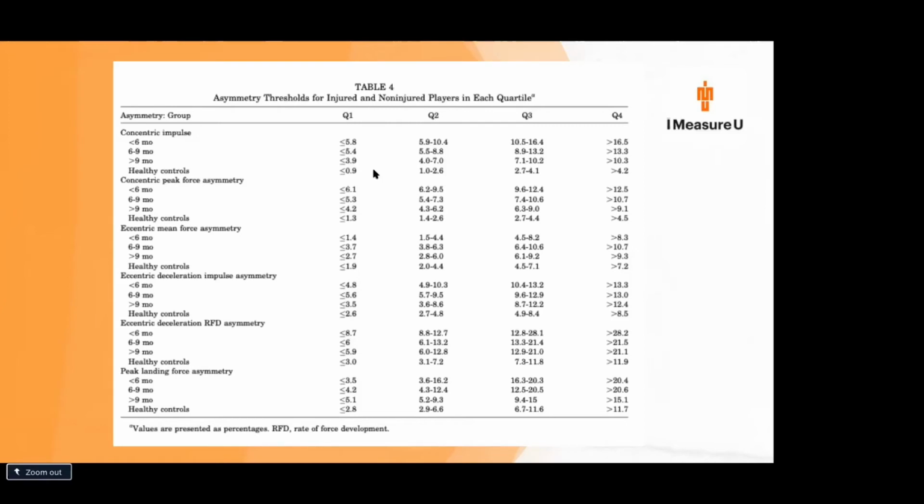But what this table identifies is that the normative asymmetries in this specific population were very different when looking at each of the different parameters. So the group identified these ratios, and they broke them down into quartiles. They identified these parameters and these results as a means to compare athletes who have undergone ACLR specific to this population in future studies, and for practitioners to use in real life.